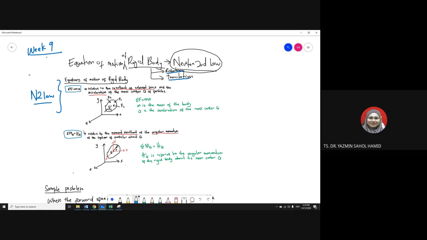It depends on the question. Today we're going to do this question. As long as you understand that for a rigid body you use Newton's second law, F equals ma, you can solve any problem. Dynamics is actually very easy, so don't worry.